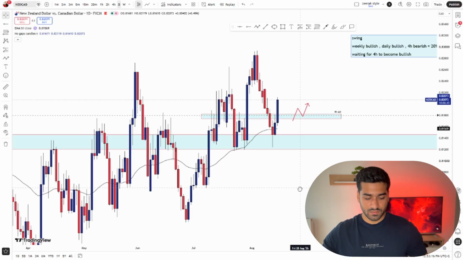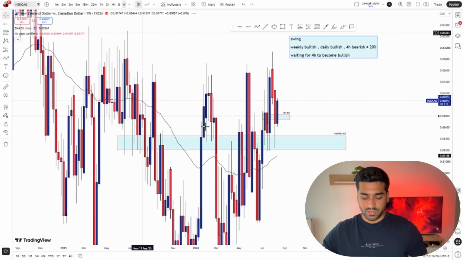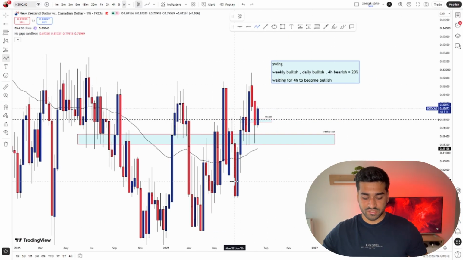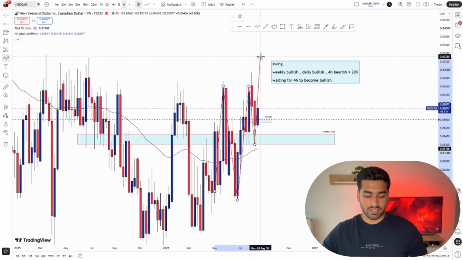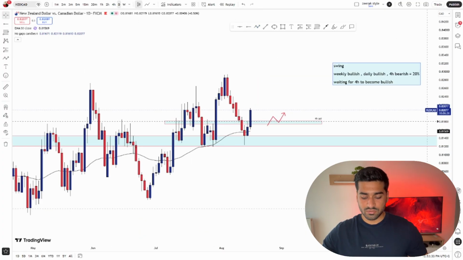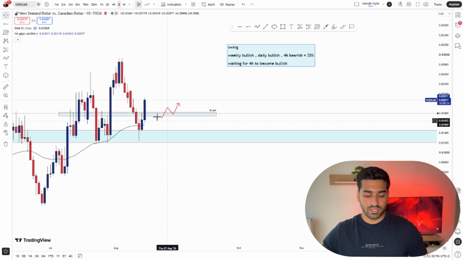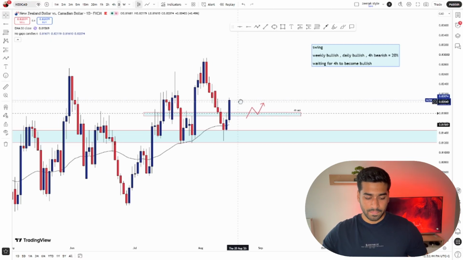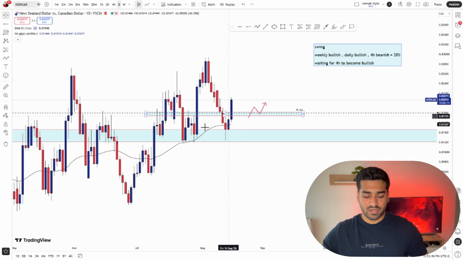This one, NZD CAD. In NZD CAD, I am currently bullish on the weekly because this was a higher high, higher low, higher high, higher low, and it will create a higher high. So the weekly is currently bullish. If I go to the daily, we come to the weekly area of interest, we reject, we have an engulfing candlestick, and following that we have another bullish candlestick. So this daily is already bullish.